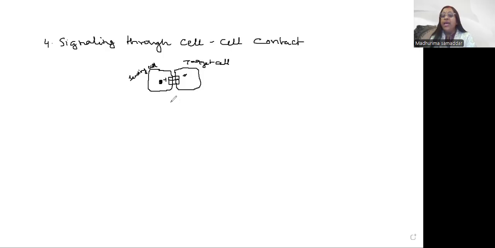Okay. Sometimes there is a complementary protein present on the surface of both cells. So because of the presence of the complementary protein, there will be interaction between them as the two cells come in contact with each other. So there will be binding between the two proteins. Because of the binding of the two proteins, the cells come in close proximity.